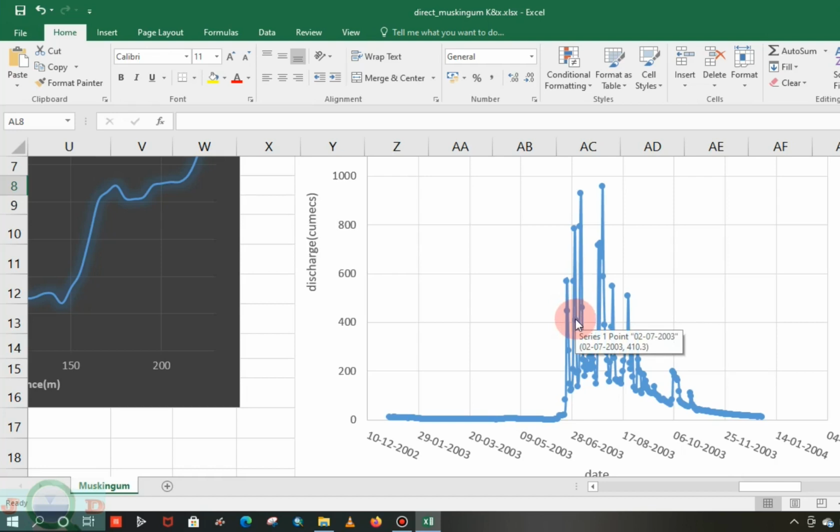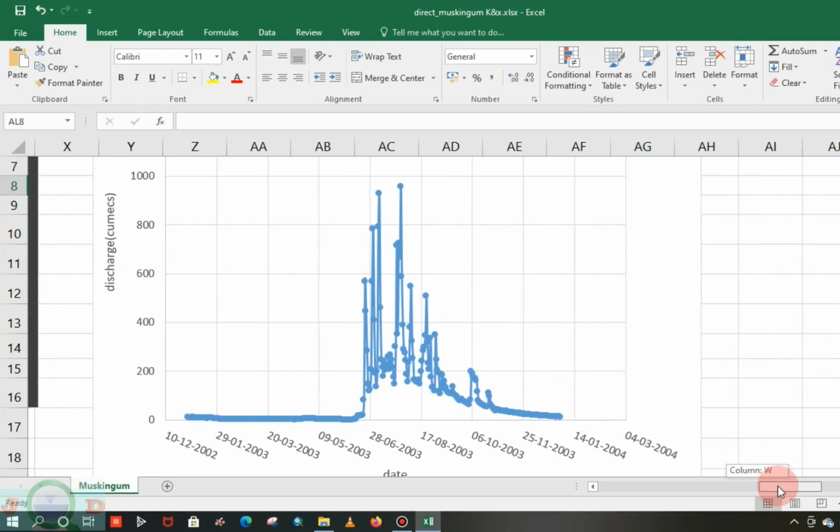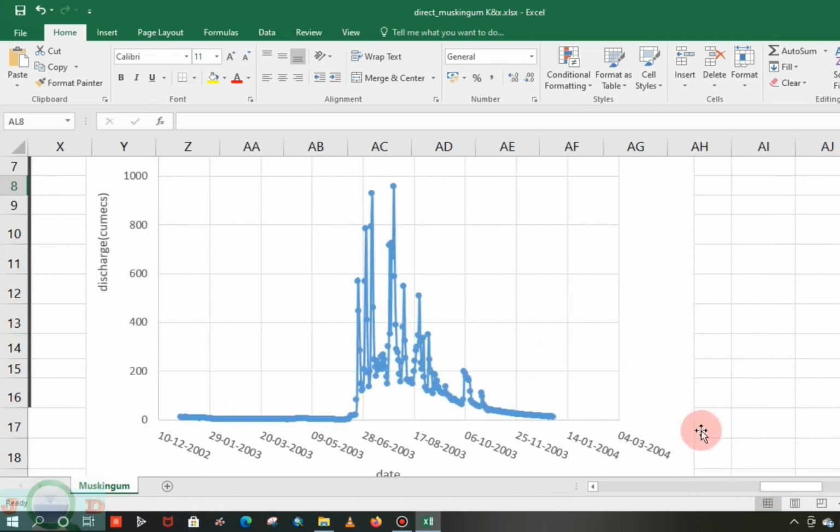So I have considered 410 as a reference discharge because it is a median between the minimum discharge and the peak discharge. So I have taken the reference discharge as 410.